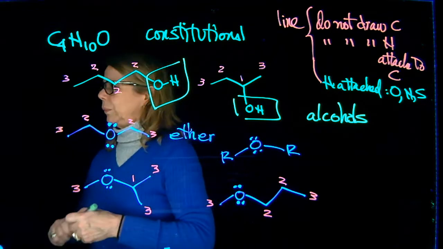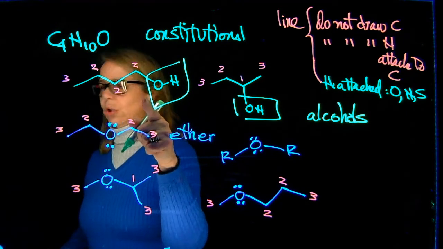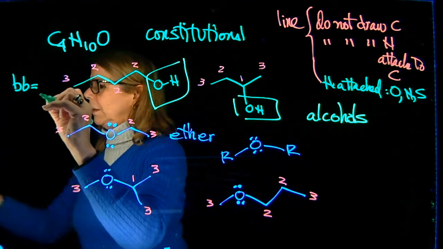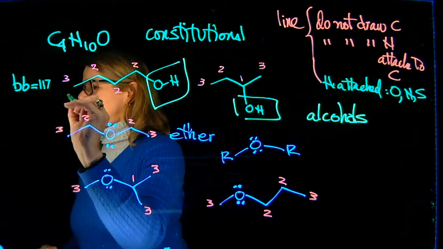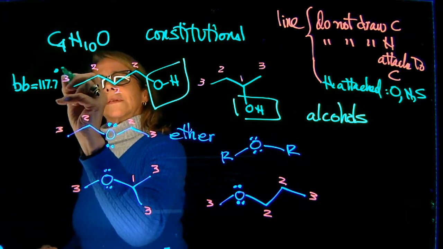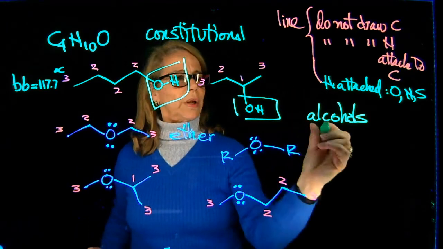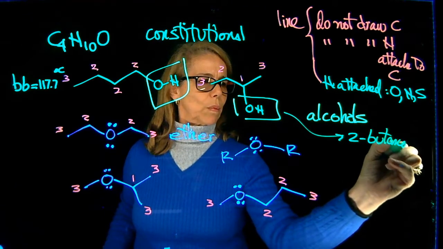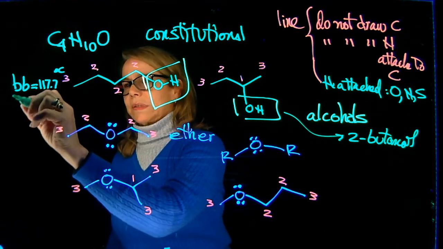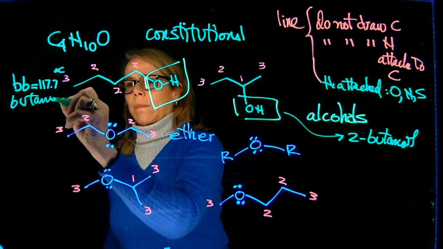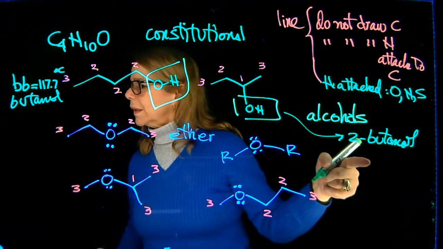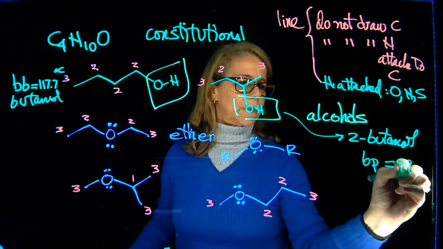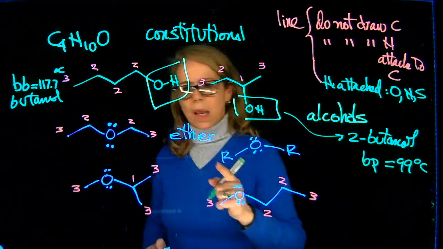For example, this is 2-butanol, and this is 1-butanol, or simply butanol. This one has a boiling point of 117.7 degrees Celsius, and this one right here has a boiling point of 99 degrees Celsius, so those two are liquids.